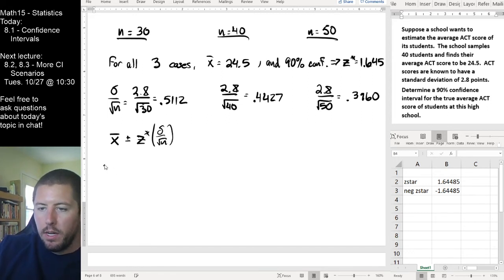So here we get 24.5 plus or minus 1.645 times 0.5112.